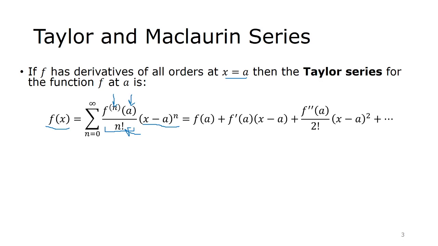So I like to list out the first few so you can kind of see what it looks like. For n equals 0, that's this first term. The 0th derivative of f is just f evaluated at a, divided by 0 factorial, which is equal to 1, times (x - a)^0, that just becomes this constant f(a). Then for the second term, when n equals 1, we get the first derivative at a, divided by 1 factorial, which is still 1, times (x - a)^1.